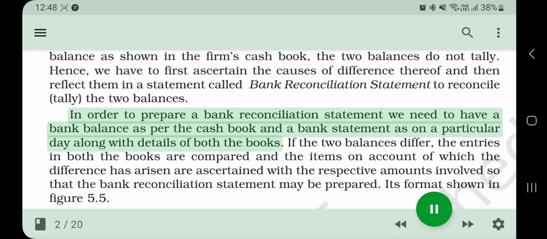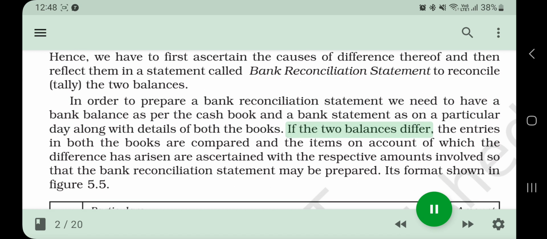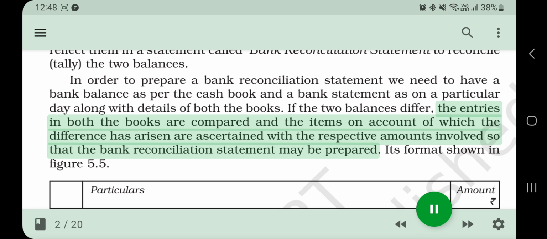In order to prepare a bank reconciliation statement, we need to have a bank balance as per the cash book and a bank statement as on a particular day along with details of both the books. If the two balances differ, the entries in both the books are compared and the items on account of which the difference has arisen are ascertained with the respective amounts involved so that the bank reconciliation statement may be prepared.